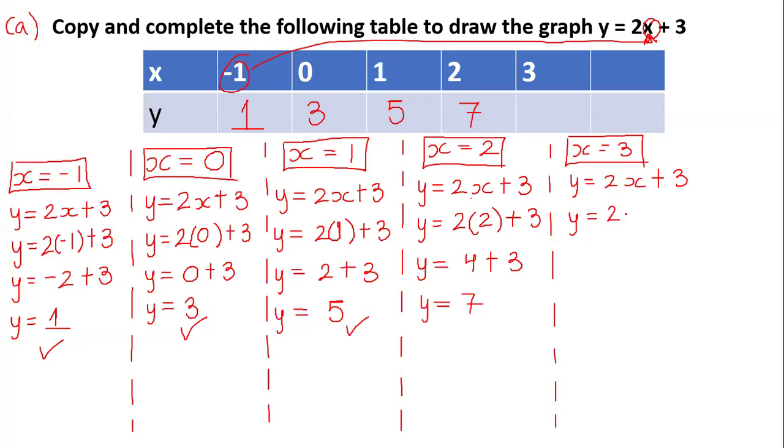So 2, open bracket, 3, close bracket, plus 3. What is 2 times 3? 6, very good. So we have 6 plus 3 is equal to 9. So y is equal to 9.